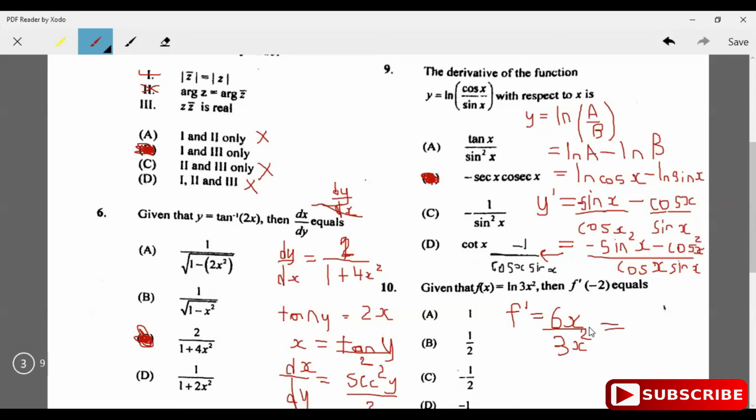And so that works out to be 6 over 3 is 2, and then x over x squared. x over x squared is just 1 over x.